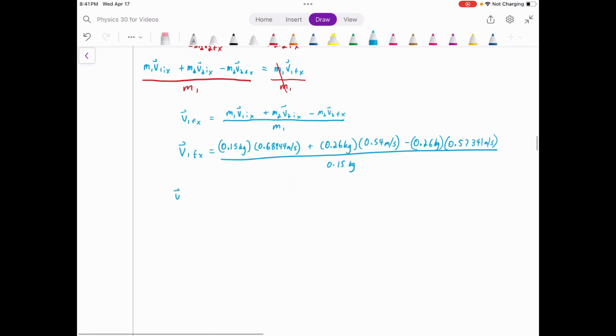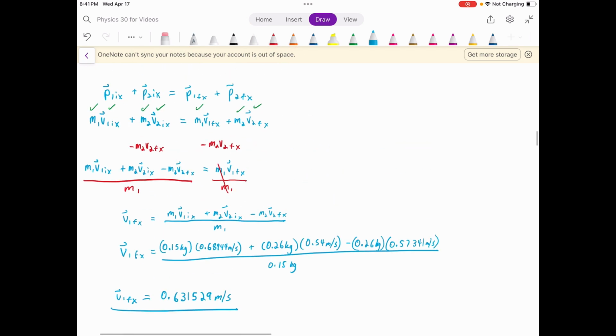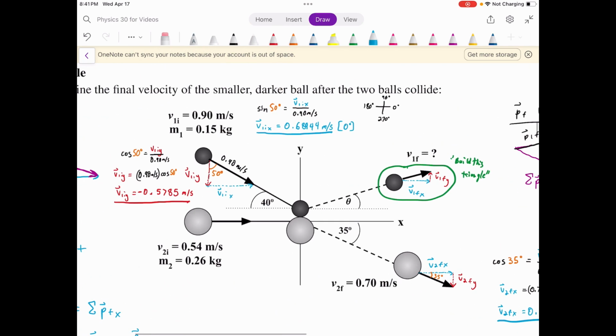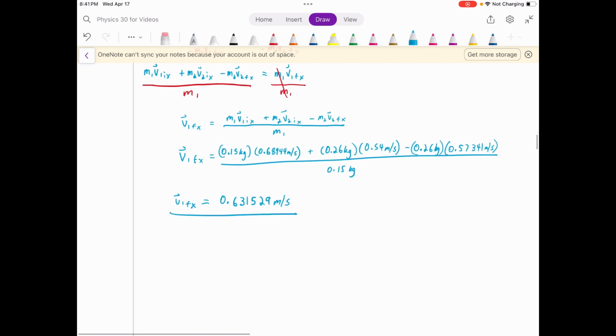When I put that into my calculator carefully, I got that V1 final x was 0.631529 meters per second. We got a positive. That's a good result. The diagram showed us that it should be in the positive x direction, so we feel pretty good about that.